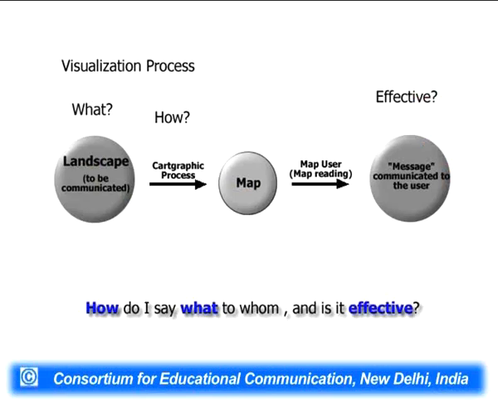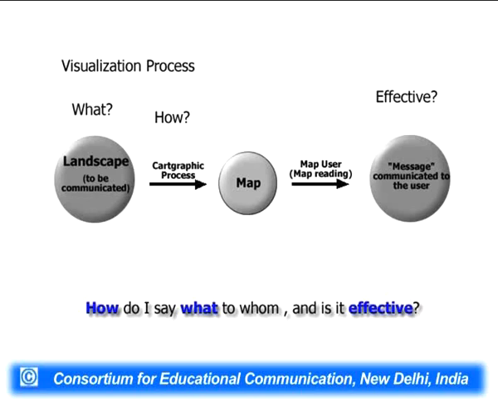So how do we communicate it? There is a phrase: how do I say what to whom, and is it effective? If you look at the slide, you will see that it is a technique or skill that could be learned.